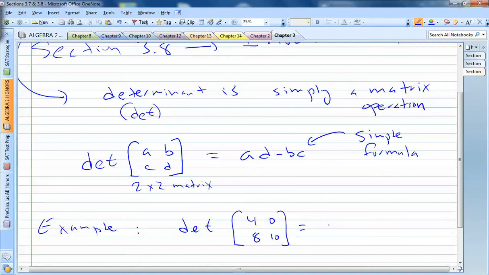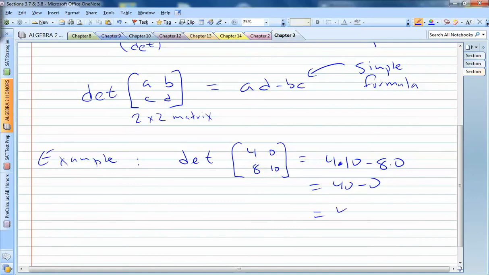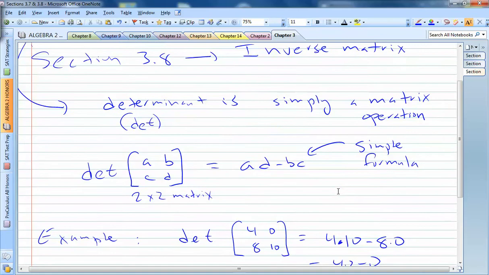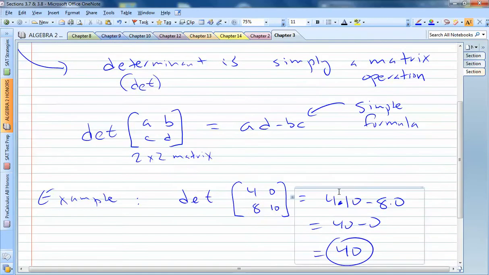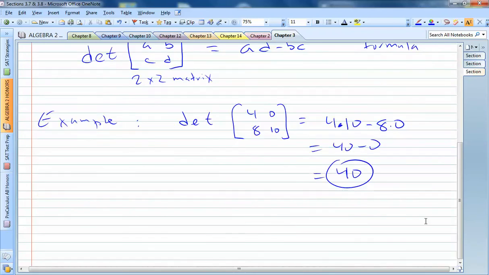Then all you're going to do is 4 times 10 minus 8 times 0, which would be 40 minus 0, or 40. So that's all it is. A determinant is just simply a matrix operation, but it's a matrix operation that involves the product of two numbers minus the product of another two numbers in your matrix.